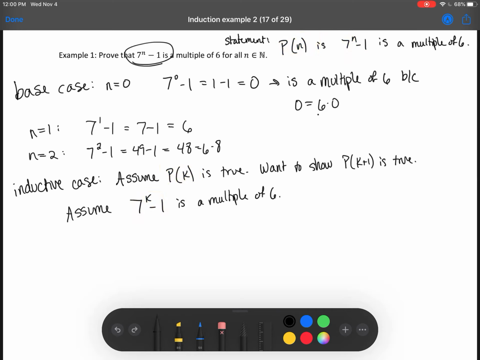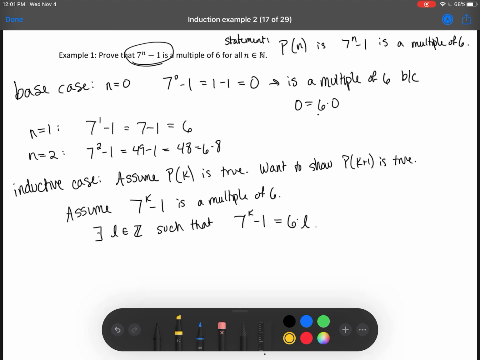So what does it mean that that's a multiple of 6? Well, that means there exists an integer, we can call it L, such that 7 to the power k minus 1 is equal to 6 times L, because that's what it means to be divisible by 6.